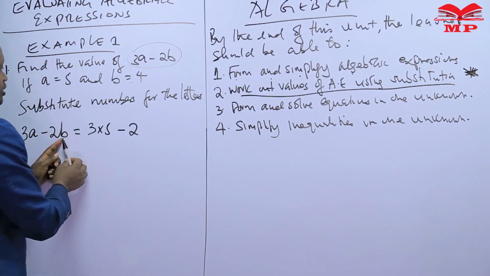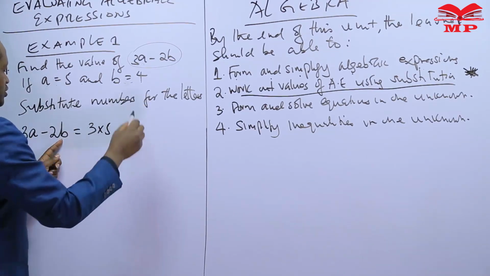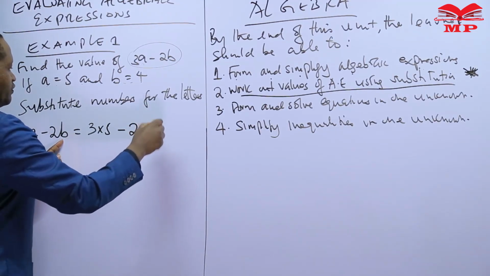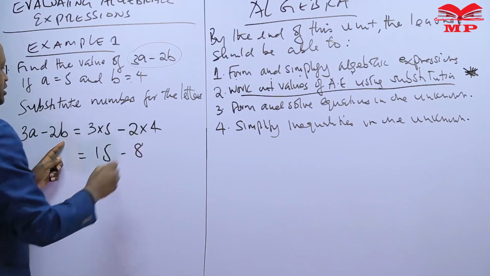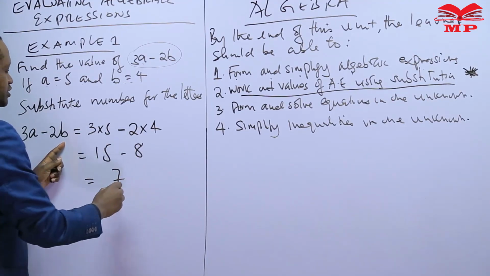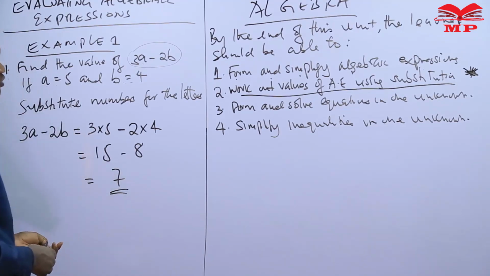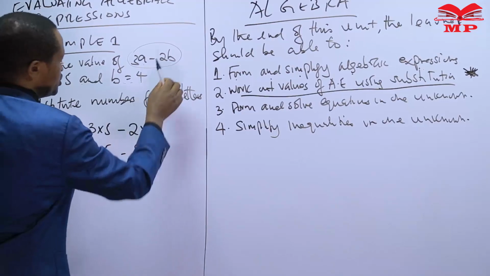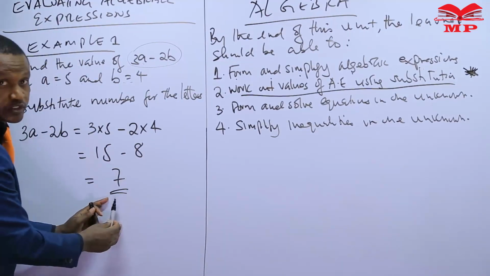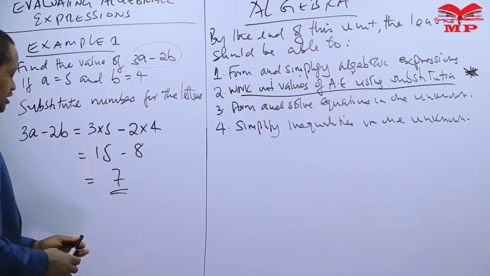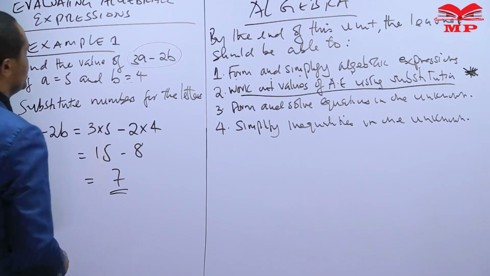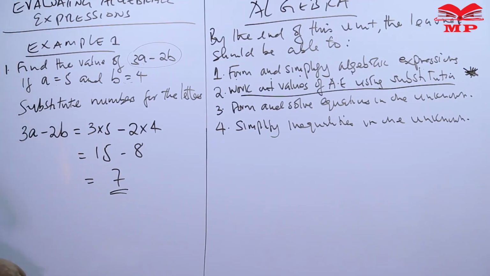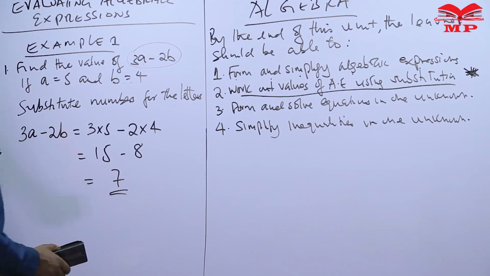So we substitute b with 4 so that we have 2 times 4. That gives us 15 minus 8, which is equal to 7. So the value of algebraic expression 3a minus 2b is equal to 7. So this is valuation of algebraic expression, or evaluating algebraic expressions.